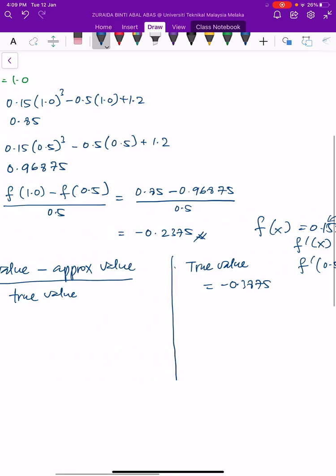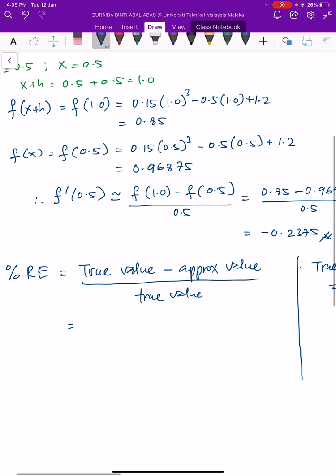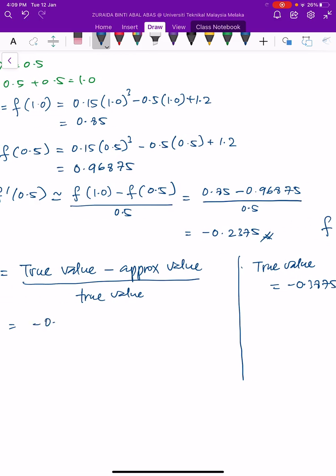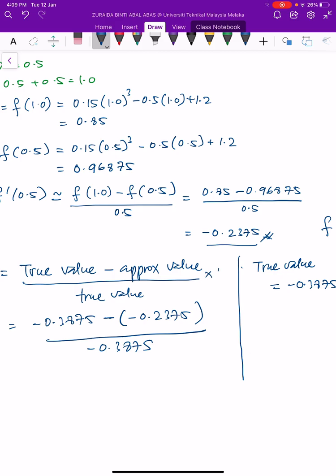Now plug into the formula here. The true value using calculus is minus 0.3875, minus the approximation value, which is minus 0.2375, divided by minus 0.3875. I forgot you need to multiply this by 100%.